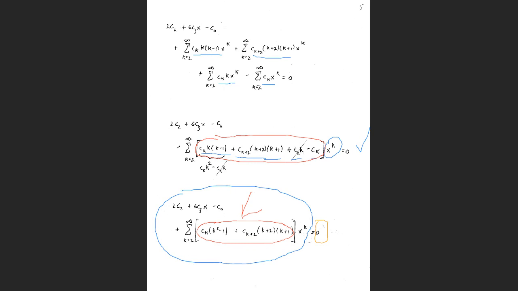Well, the only way the entire left-hand side of this equation would be equal to 0 is... hold on here. Well, okay, I want to be a little careful here.